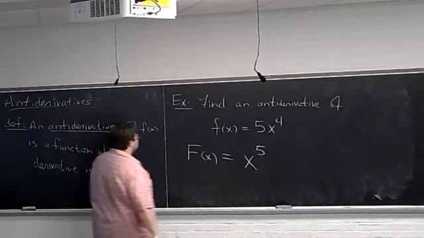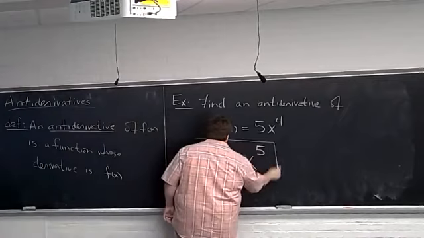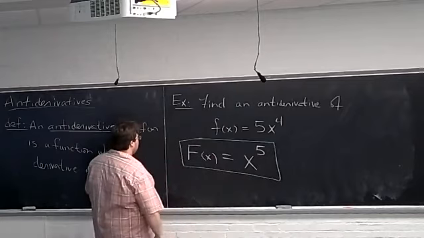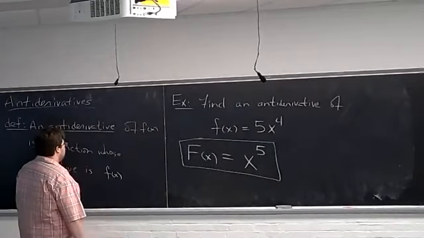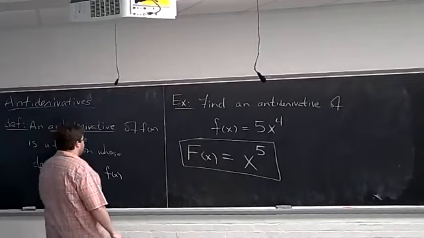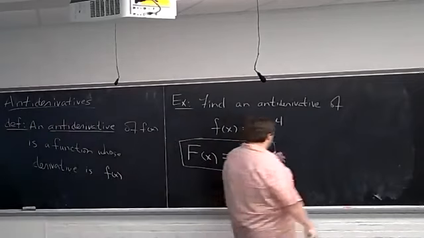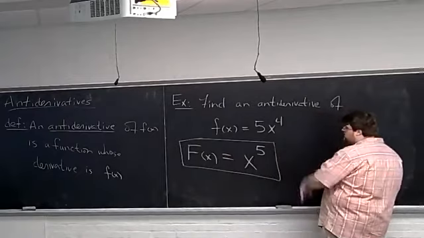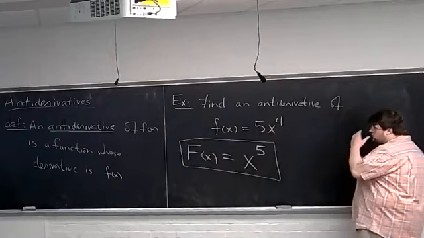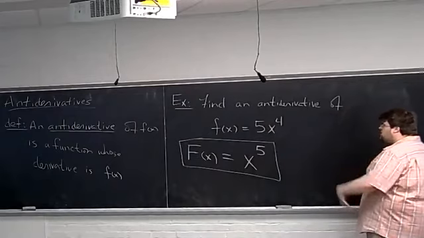So right here, capital F of x equals x to the fifth is an antiderivative of 5x to the fourth. And whenever I find antiderivatives, I like to check my work by taking a derivative. Derivative of x to the fifth is 5x to the fourth. So this right here is one answer.